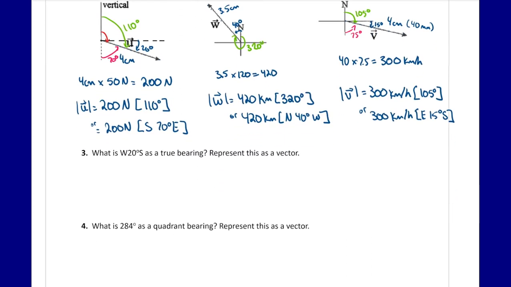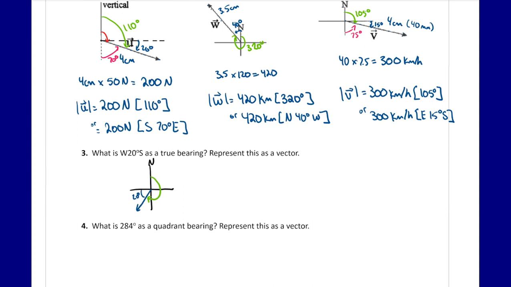For 3, what is west 20 degrees south, or 20 degrees south of west, as a true bearing, and represent this as a vector? I'm going to draw it first to make it a little bit easier. So west, and then I go 20 degrees south. So there's my vector. I don't really have a magnitude yet, but that's okay. That's 20 degrees. My true bearing is the one that's coming from north.